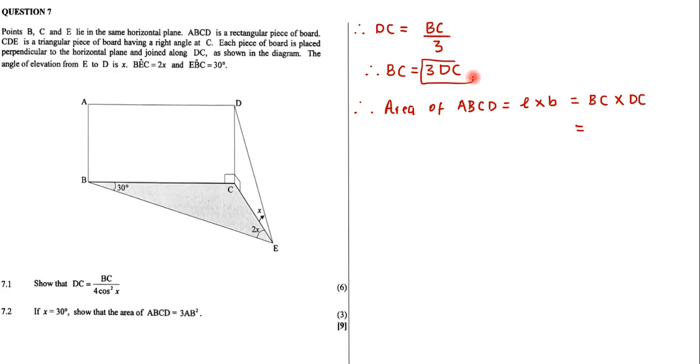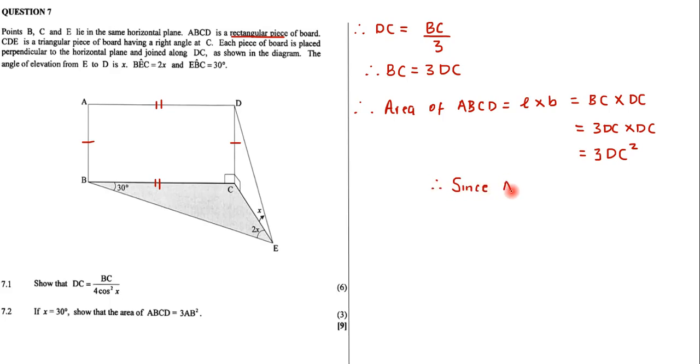Here's the value for BC, it is 3DC. Now DC is just DC, then this becomes 3DC squared. But wait a second, remember, we were told earlier that this was a rectangular piece, right? A rectangular piece means that this side is the same as this side, and that side is the same as that side, right?